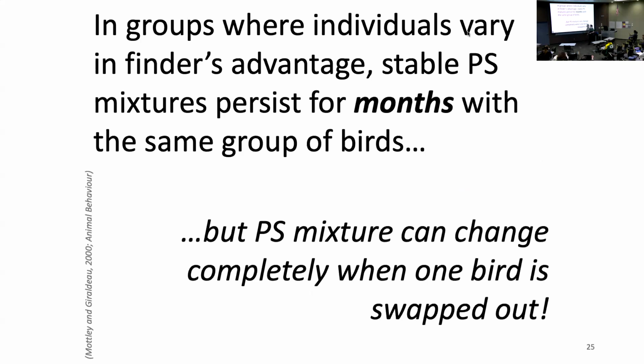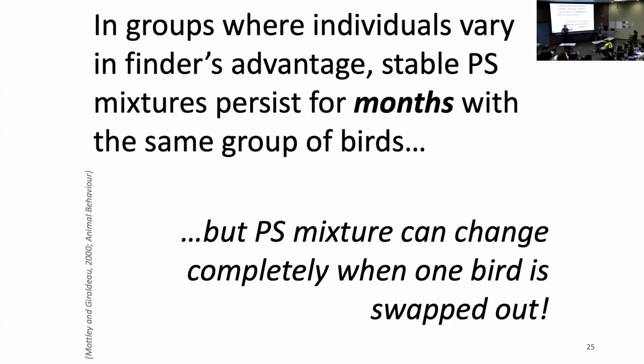What's interesting, though, is that if you take one of those birds, bird number six, and swap in a new bird, also a spice finch, a nutmeg mannikin, the whole mixture changes. The proportions stay the same, but who's the producer and who's the scrounger is an emergent property of which individuals are there.